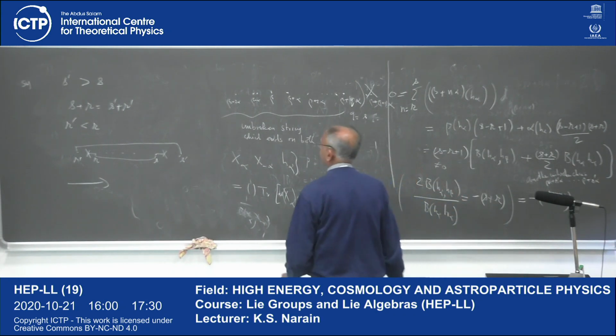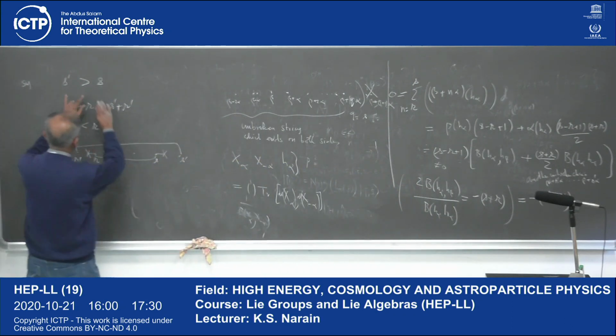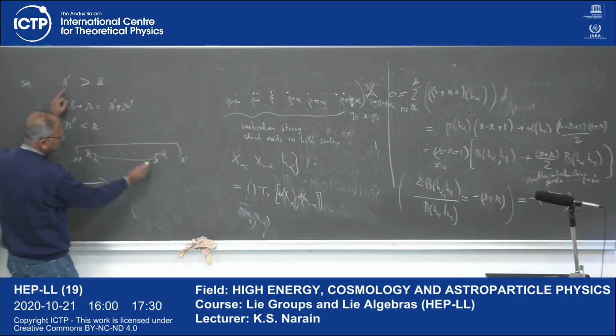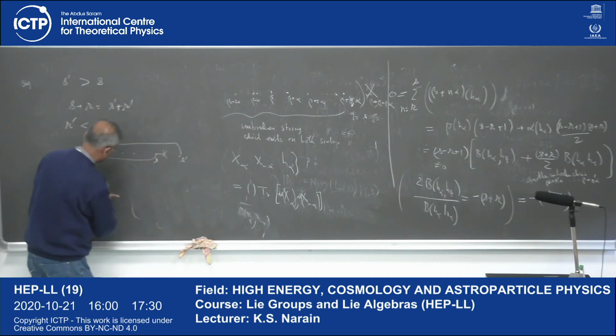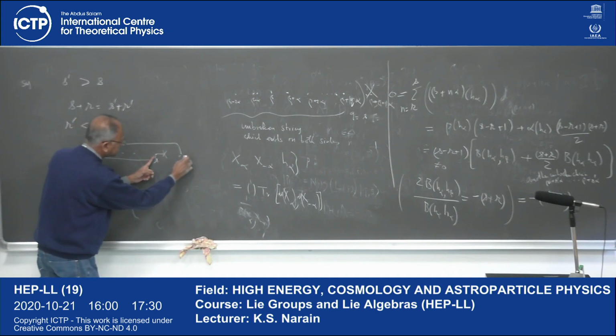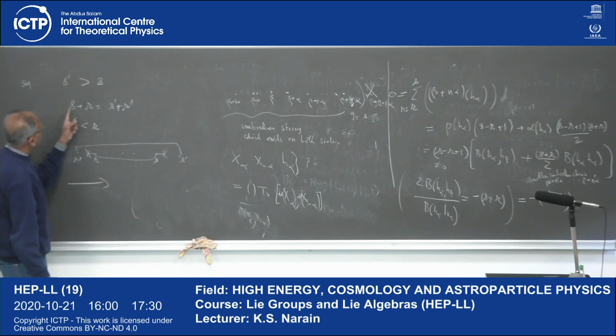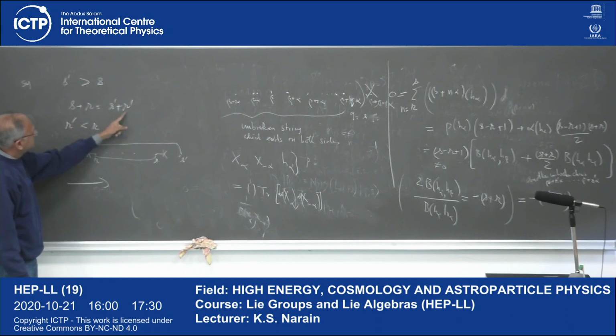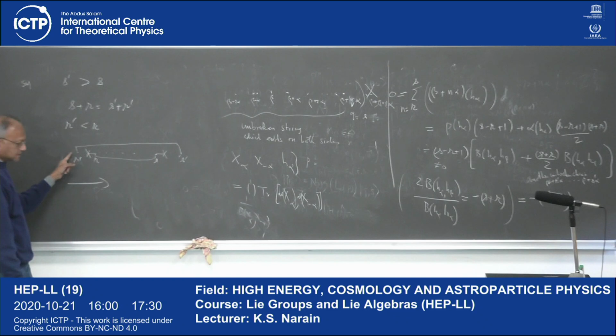No, let's assume S prime is greater than S, which means if this is the positive direction, then S prime is somewhere here, right? But this equation has to be true: S plus R equals S prime plus R prime. If this is greater than that, then this must be smaller than that, right? So therefore R prime is less than R, no? So it's on this side. Is that clear?